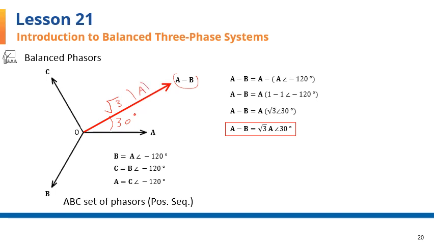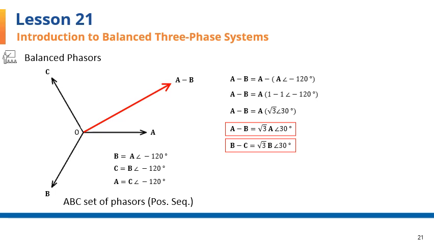Because the relation between B and C is the same as relation between A and B, as they have the same magnitude and C lags B by 120 degrees, we won't really need to calculate B minus C. We know it's going to have this very shape with the letters rotated. So B minus C would be square root of 3 times B with 30 degrees.